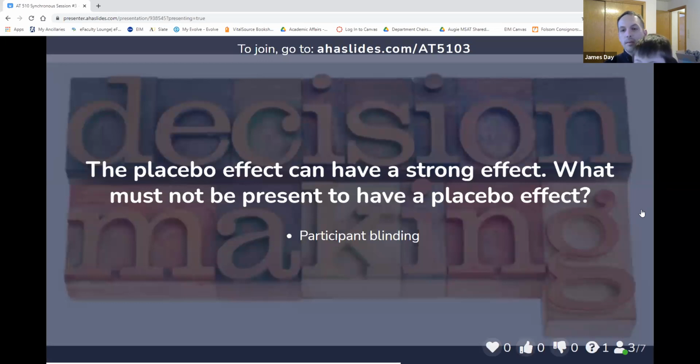All right, so when we do that, the idea is we're trying to eliminate any mental effects of believing that you're getting the treatment by people not knowing. So if the researcher knows, if the participant knows, or if the evaluator knows whether or not they received the treatment or not, there's the potential for this placebo effect to affect the results.